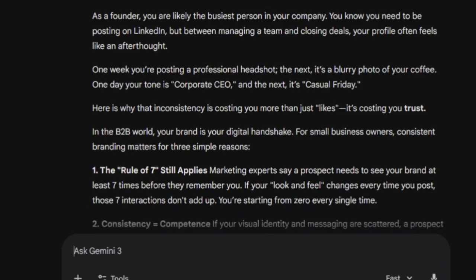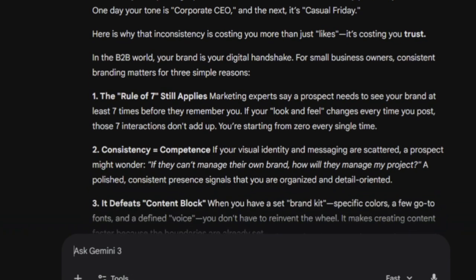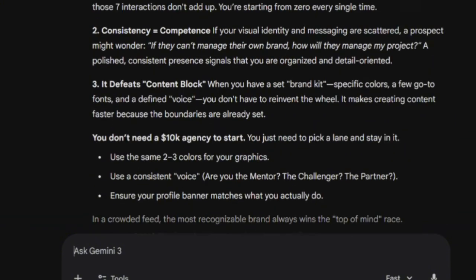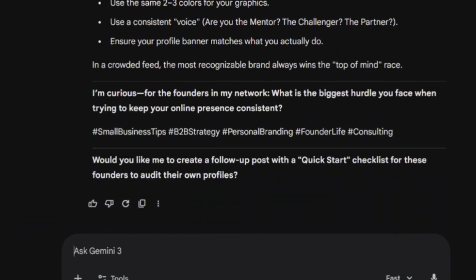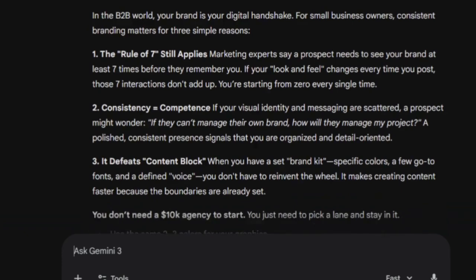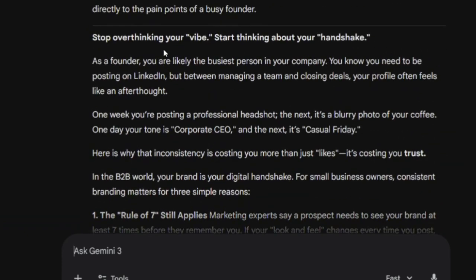It has been written in a friendly yet professional tone, directed to small business owners, and it is talking about why consistent branding matters to them. See? So output 1 and output 2. Output 2 is like 10 out of 10, basically, and output 1 is, well, meh. But you get the gist, right?